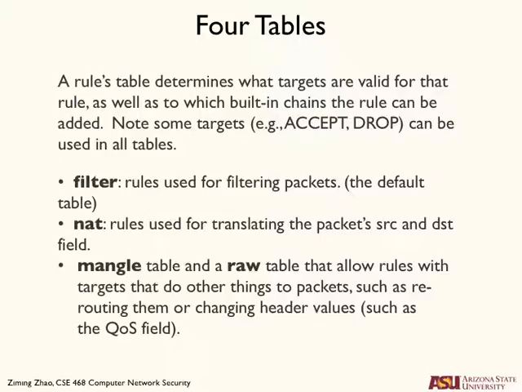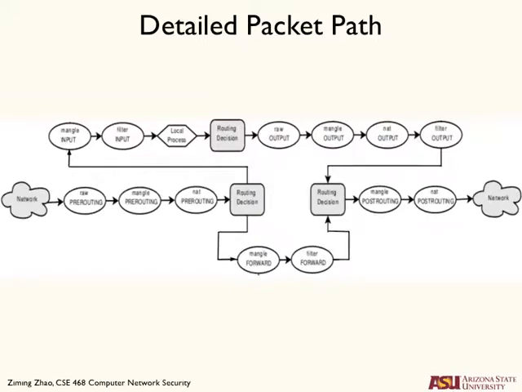If we put them together, we have a detailed packet path. So this is a network. Whenever a packet comes in, it is first processed by the PREROUTING chain raw table, then the PREROUTING chain mangle table, then the PREROUTING chain NAT table.